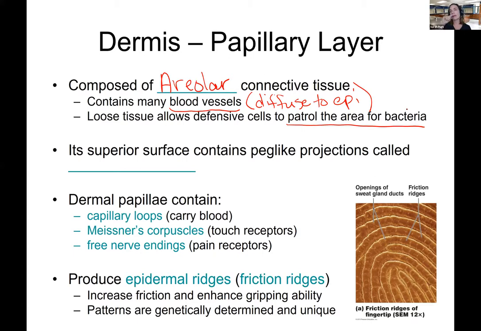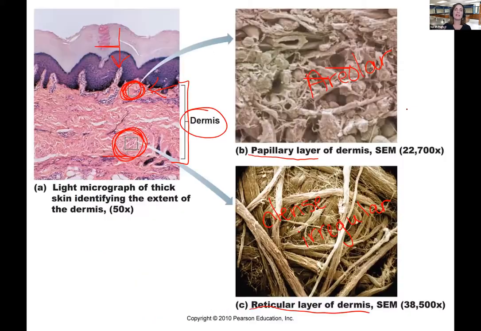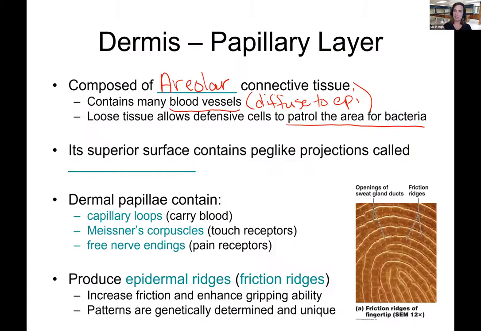Now, another thing that I mentioned that I would talk about in a little bit is if you notice, when you look at this papillary layer, notice how the bottom of the epidermis and the top of the dermis have all these little ridges. It's not like a nice clean border. It's sort of all these ridges and invaginations. And so those projections are called papillae.